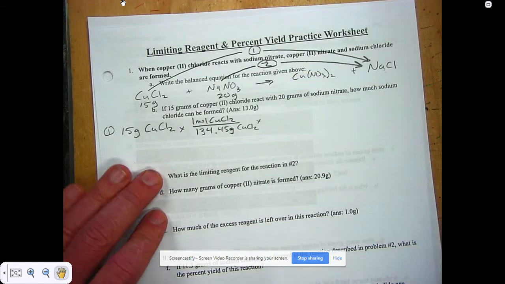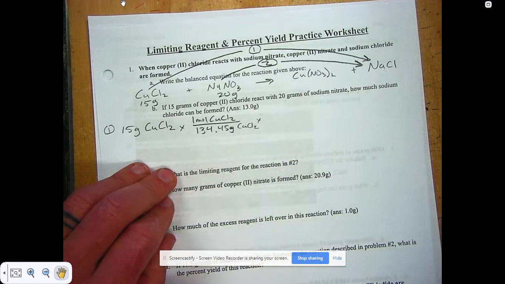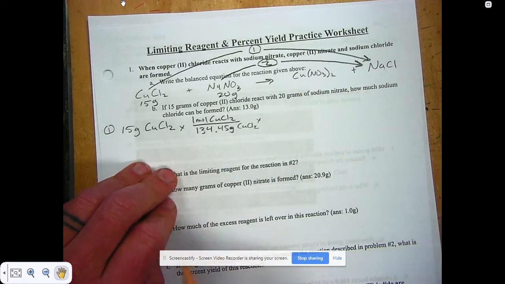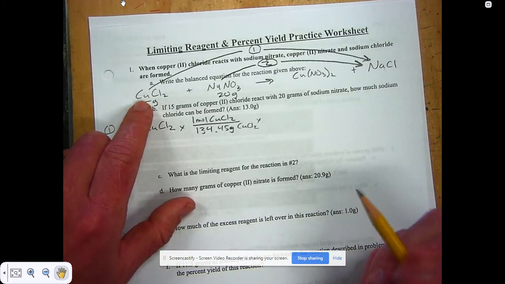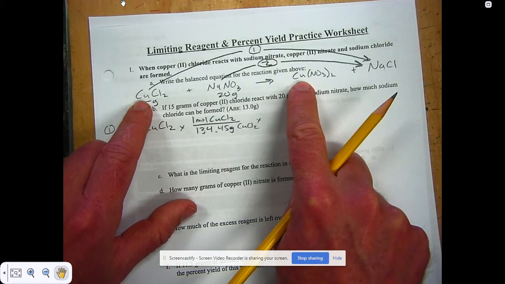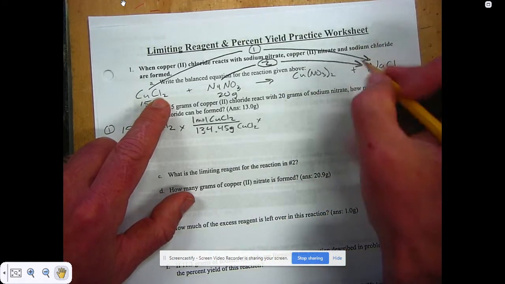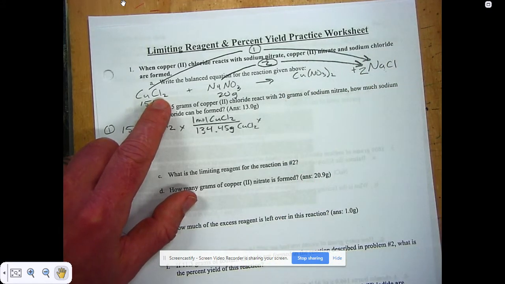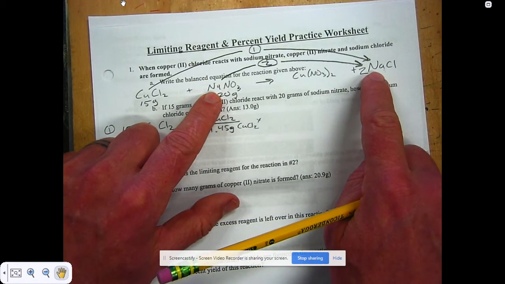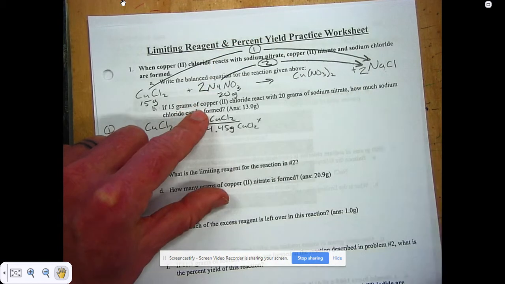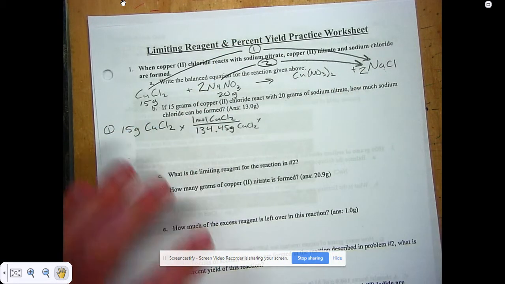And then we're going to multiply that by the mole ratio. We don't have that yet because we haven't balanced this equation, and that's why it's important to balance these chemical equations. So we've got 1 copper here, 1 copper here. That's good. We've got 2 chlorides and 1 chloride, so I'm going to need to put a 2 there. We've got 1 sodium and 2 sodiums, so I'm going to have to put a 2 there. Then we have 2 nitrates and 2 nitrates, so everything's good.